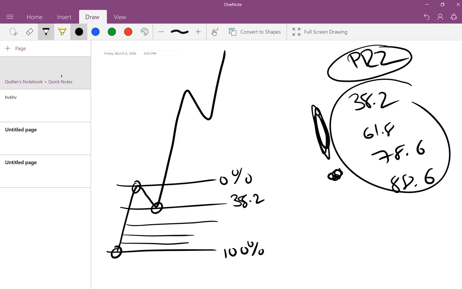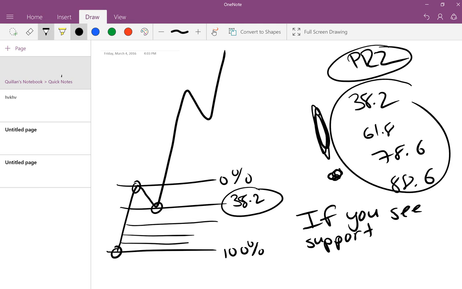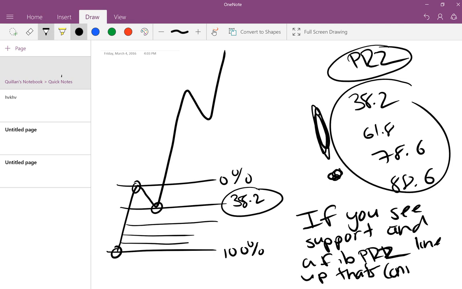The best way to do this is if you have confluence within the market, as far as if you have a support point within that same exact range as the 38.2. So if you see support and a fib PRZ line up, that's confluence.